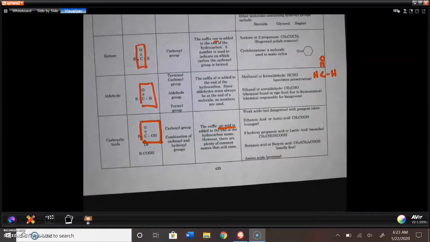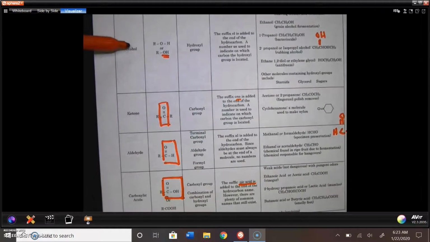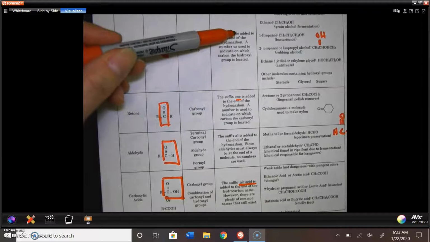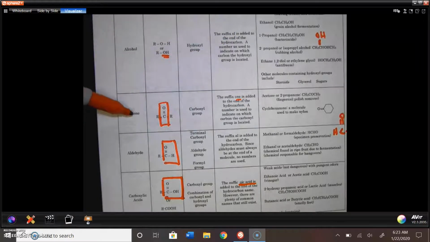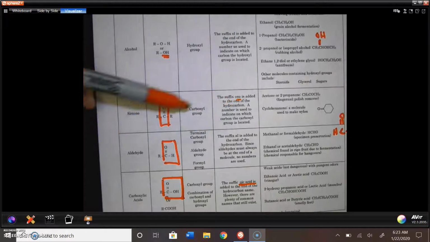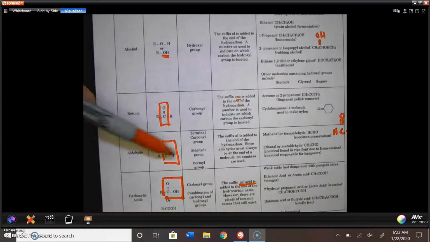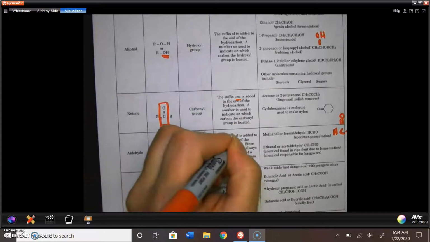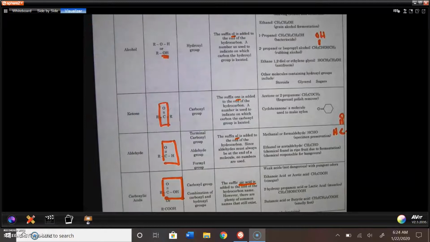CH3COO minus, you put the H on there, it becomes acetic acid. All right, so I want you to be able to name alcohols, -ol ending, ketones, -one ending, aldehydes, -al ending, and carboxylic acids, -oic acid ending.